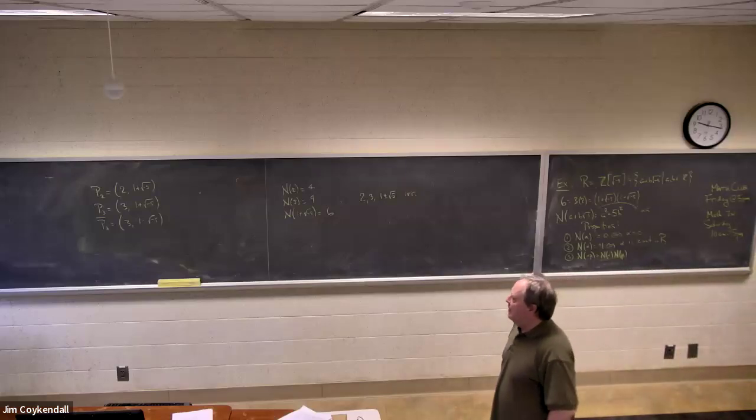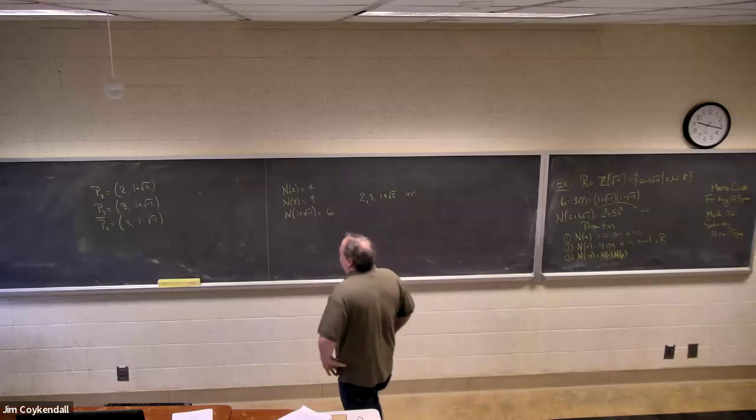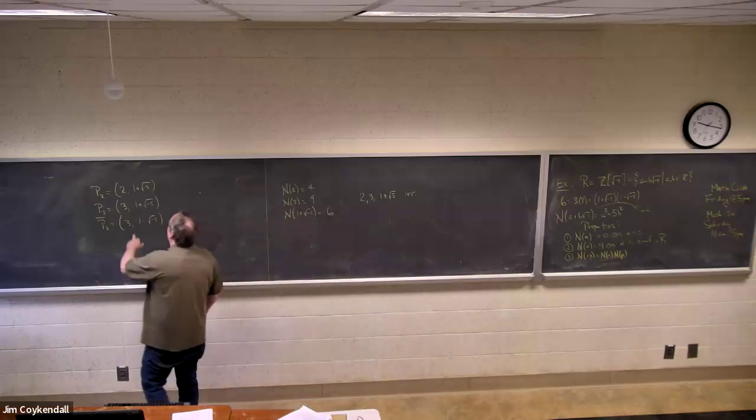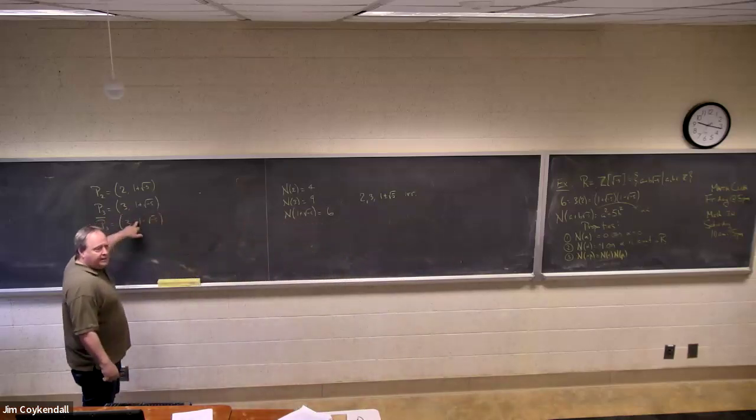The second one is three and one plus radical negative five. And the third one is the conjugate of this one.